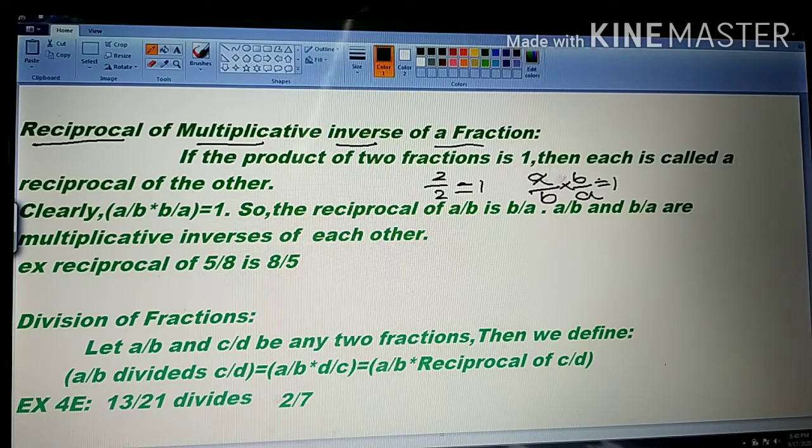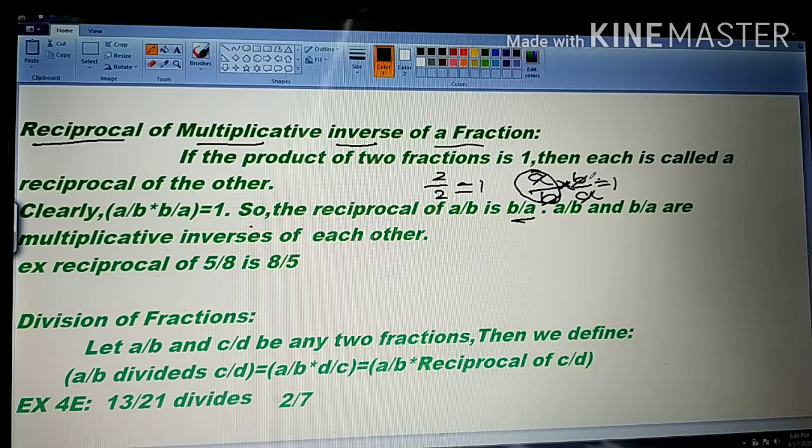See this one: a will be cancelled, b will be cancelled, you will get 1. To get 1, you have to reverse the given fraction and then multiply it with the original fraction. See here, a by b into b by a equals 1. So the reciprocal of a by b is b by a.